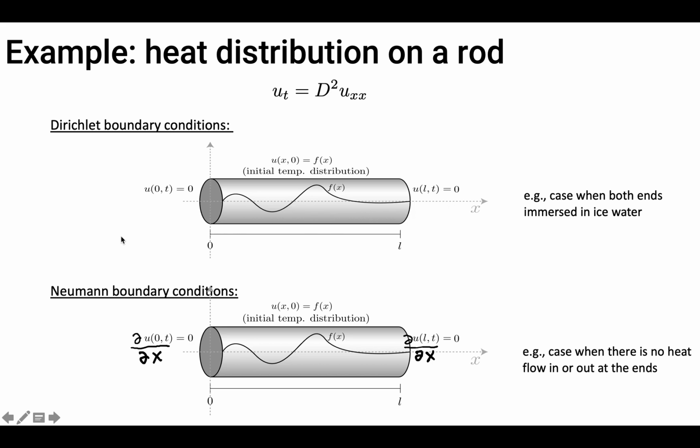In another situation, if somehow there is no heat exchange between the rod and its environment, here are the more appropriate boundary conditions to impose. We have partial u partial x at x equals 0 for all time t equals 0, and partial u partial x at x equals L for all time t equals 0. Of course, we're waving our hands a little bit and have not explained why exactly this situation corresponds to these boundary conditions.